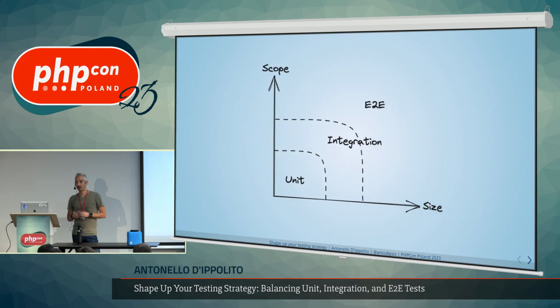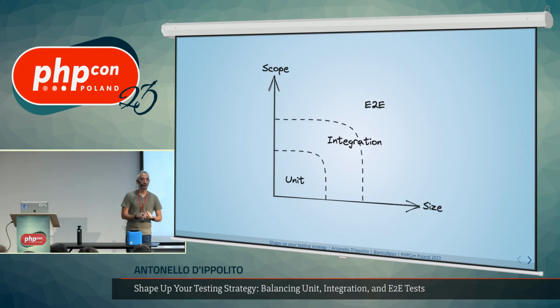If we want to plot these two metrics on a diagram, and start defining unit, integration and end-to-end tests based on them, to start a discussion with our teammates and make design decisions on our test suite, then we can use this kind of approach.